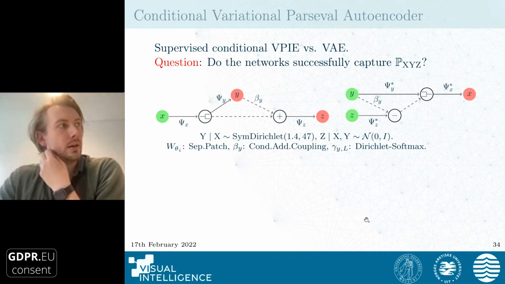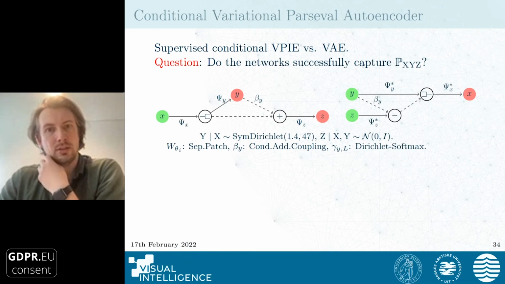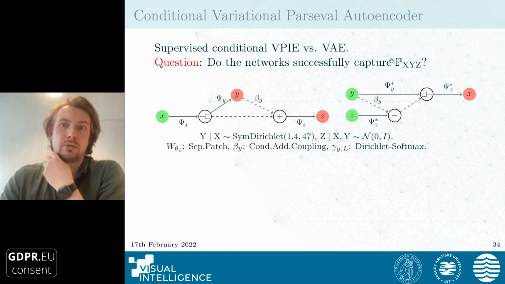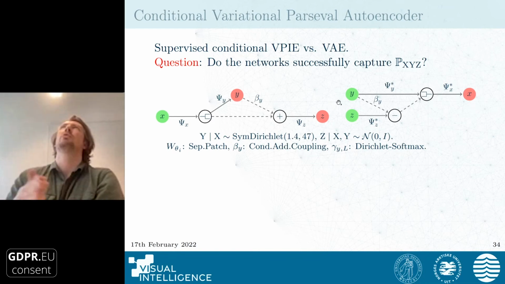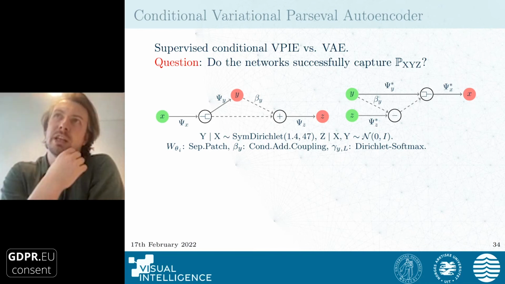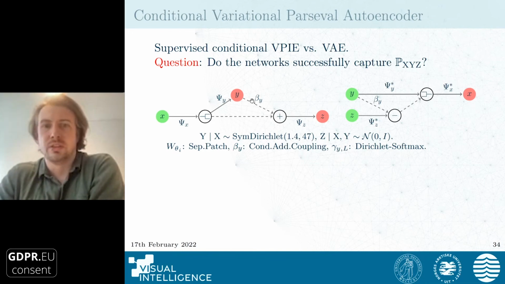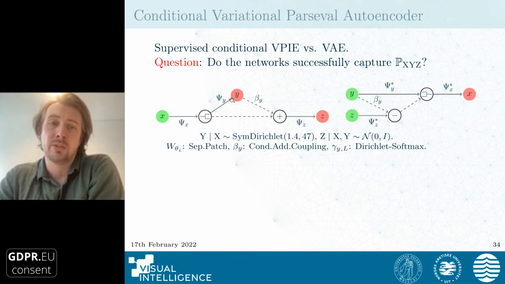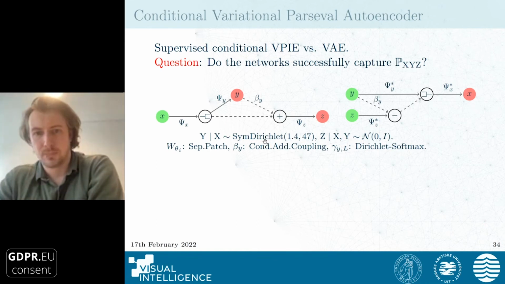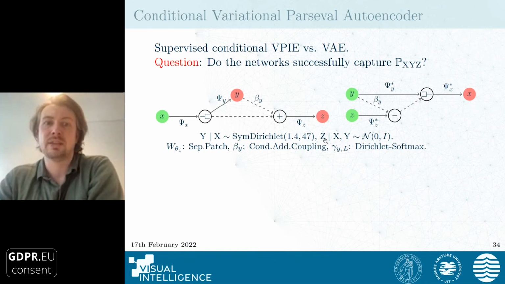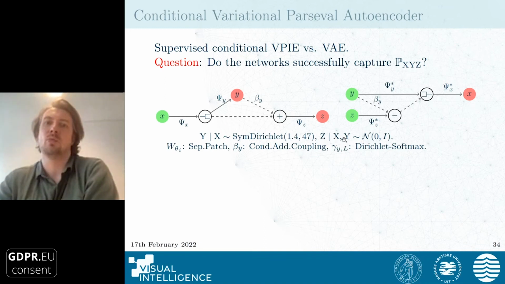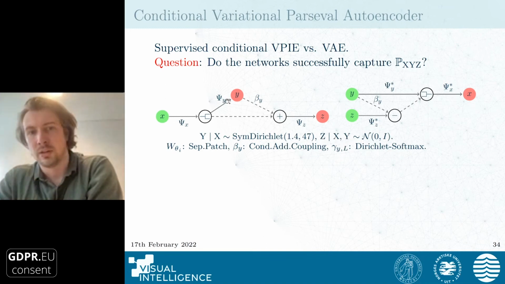We also looked at applications of variational methods with a Parseval autoencoder. So we compared it to a standard variational autoencoder, where we wanted to enforce a conditioning on the labels on MNIST, basically. So we constructed this model here, where we wanted to enforce that the y's follow a symmetric Dirichlet distribution, and we wanted the z's conditioned on x and y, where x are the images and y are the labels.